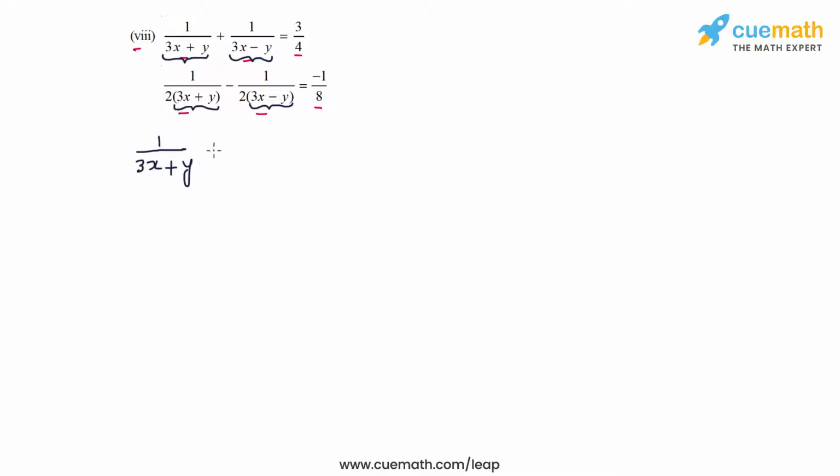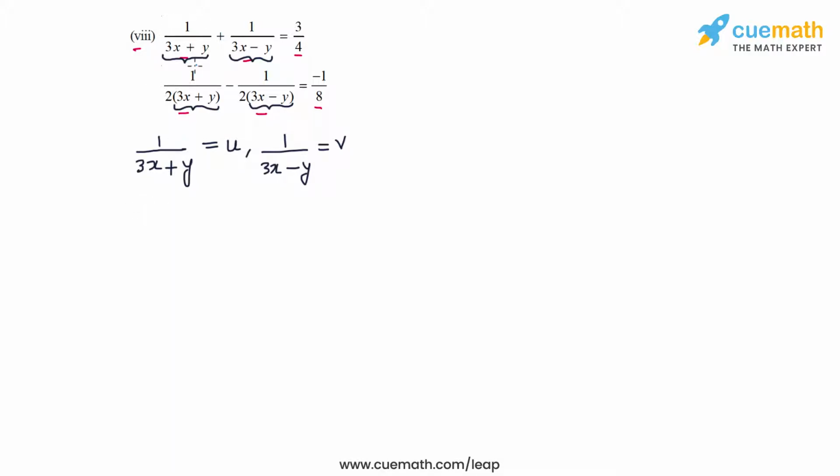Because I want the new variable to be linear in the equation. So 1 by 3x plus y equal to u, and 1 by 3x minus y equal to v. This is the substitution that will convert this pair of equations into a pair of linear equations. So what does the first equation become?